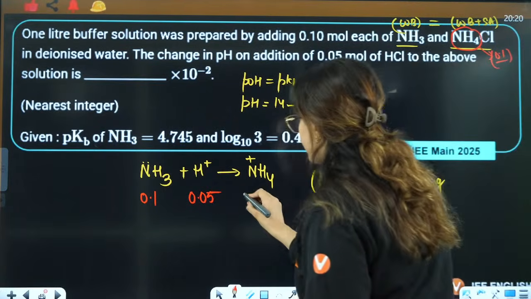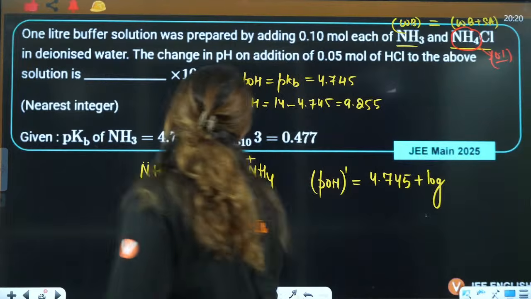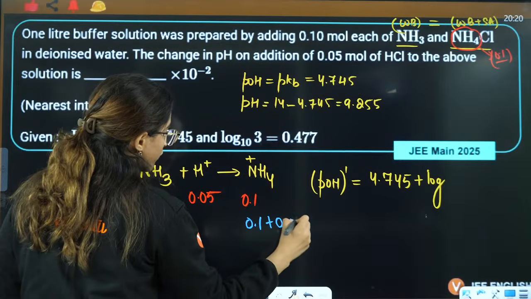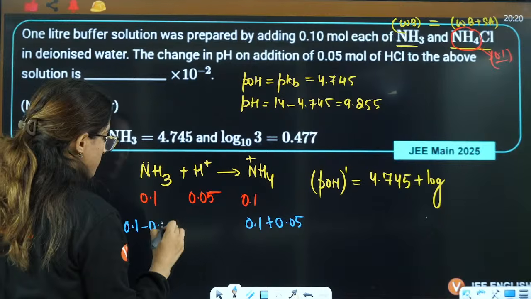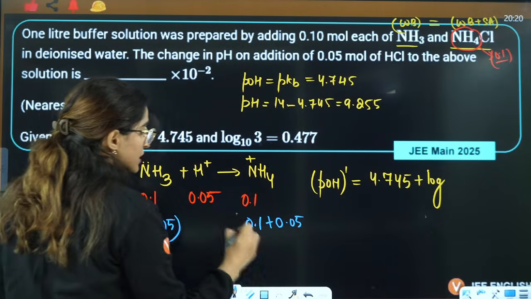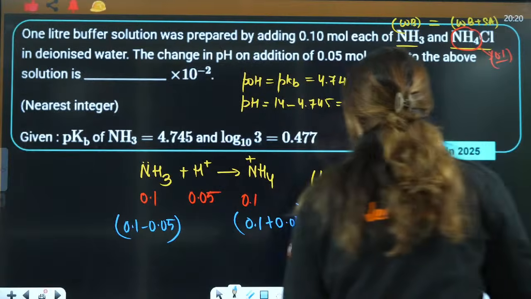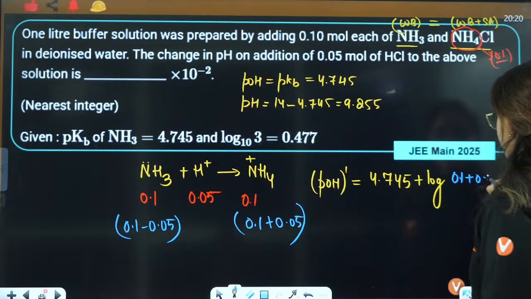So initially this is also present in the solution. Okay, now initially it is 0.1. You will add plus 0.05 here, this much amount, and here this is 0.1 minus 0.05. If you remember that case, plus x minus x, right? So this will be 0.1 plus 0.05.